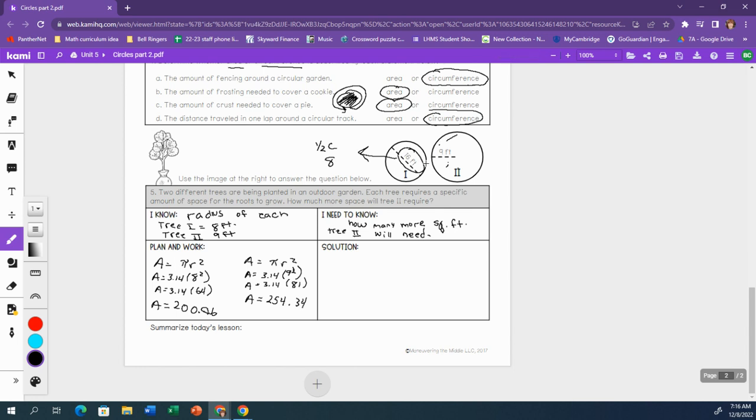So now all I have to do is take the 254.34, subtract 200.96, and I will get 53.38. It needs that much square feet more.